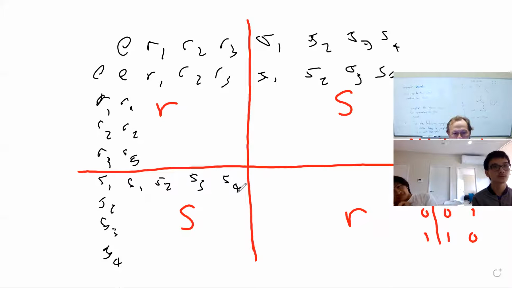There's the piece that's the rotation, and then when we quotient by that, we get this sort of pattern.